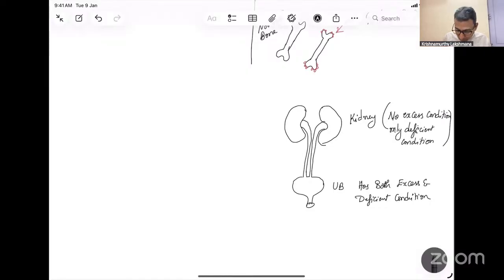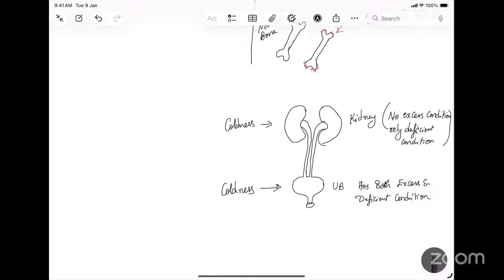Now this organ is also related to coldness, and this organ is also related to coldness. If I have to reduce the coldness, which one should I use?